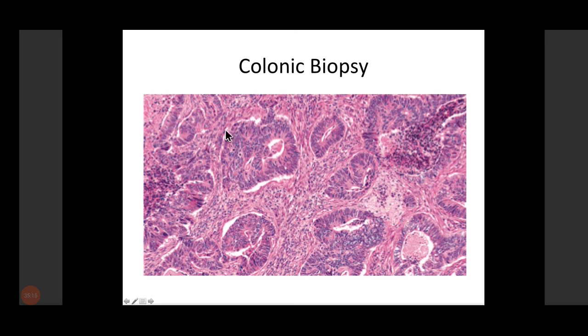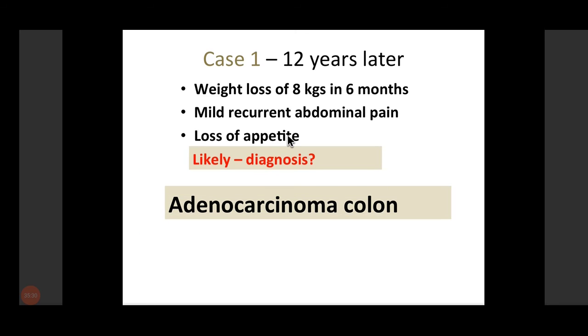These are some fibers of the muscularis mucosa, and these irregular atypical glands with hyperchromatic nuclei and a lot of nuclear stratification and crowding that are infiltrating, and this is an adenocarcinoma. So the diagnosis here becomes adenocarcinoma, which is another very important complication for which the patients must be followed up.